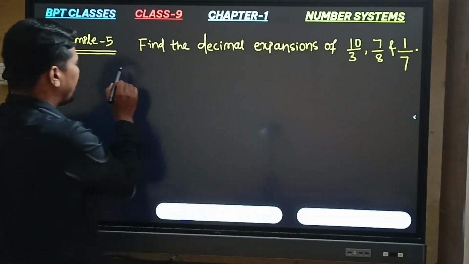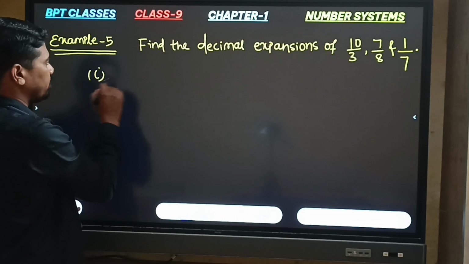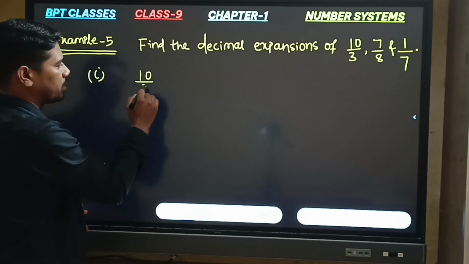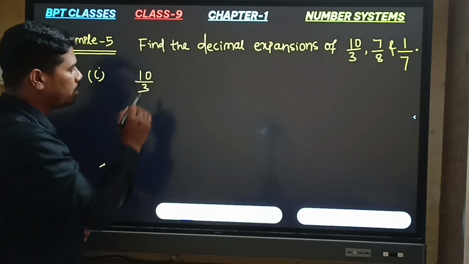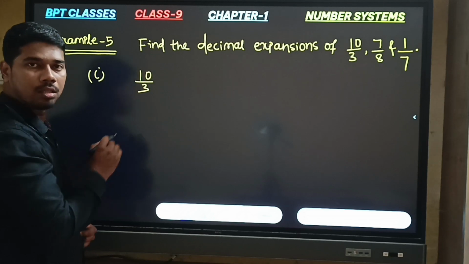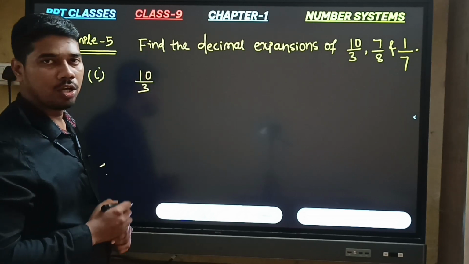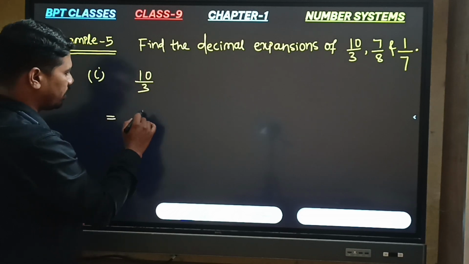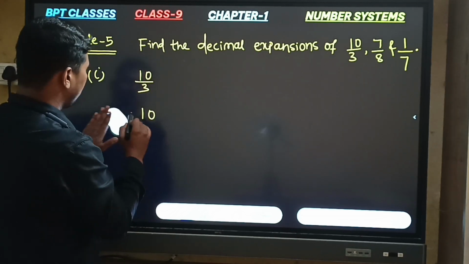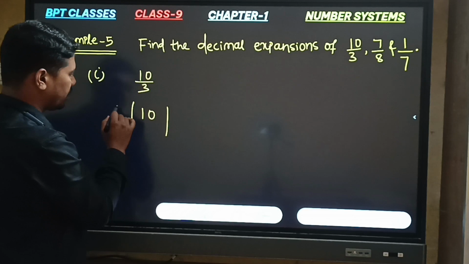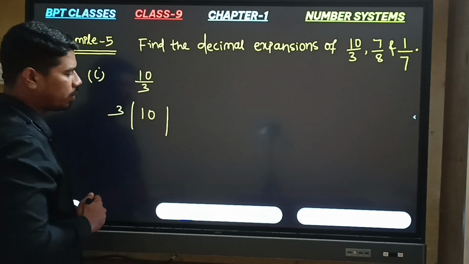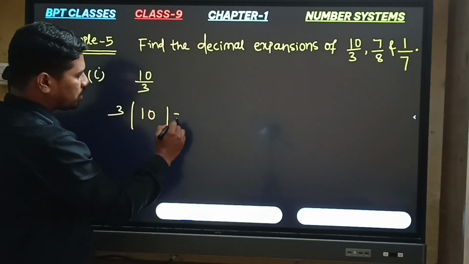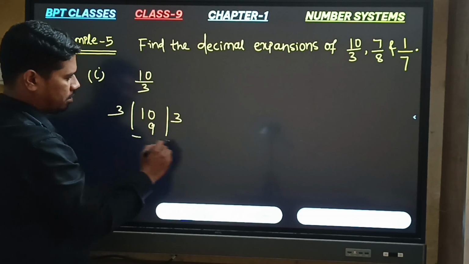So here the first one is 10 by 3. Let's write the number 10 by 3. 10 is the numerator, 3 is the denominator. So what will we do? First divide 10 by 3. 3 threes are 9.